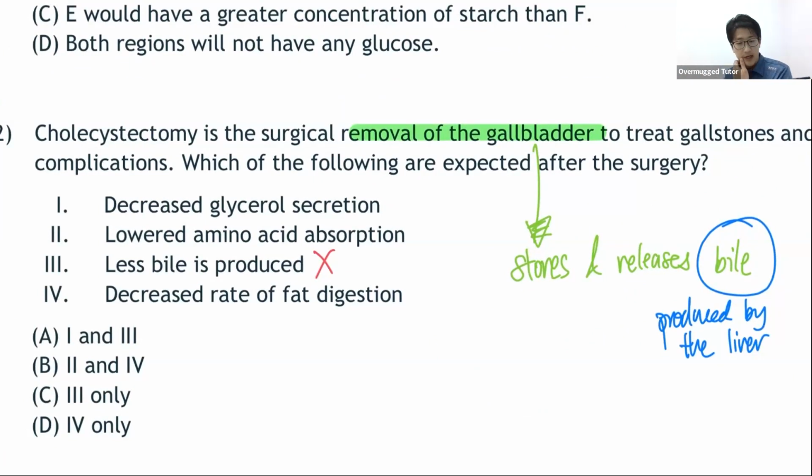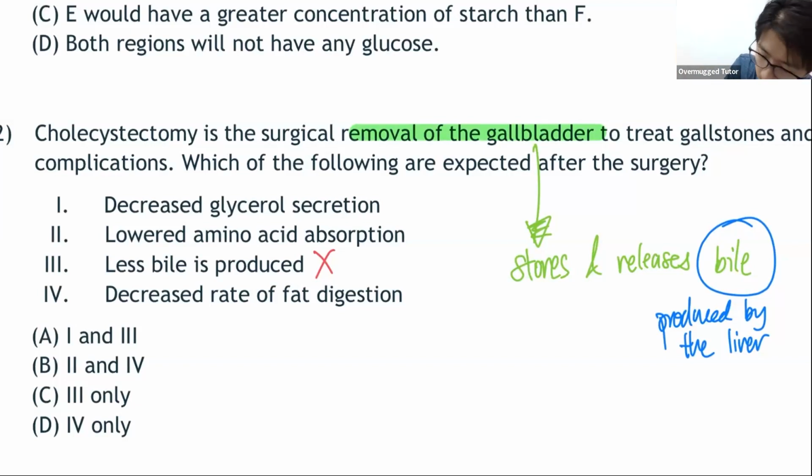Let's head up then. Decreased glycerol secretion. What is glycerol? Glycerol is part of a fat molecule, right? Glycerol is part of a fat molecule.